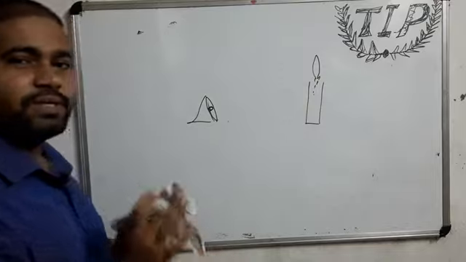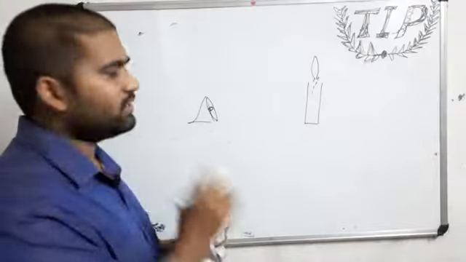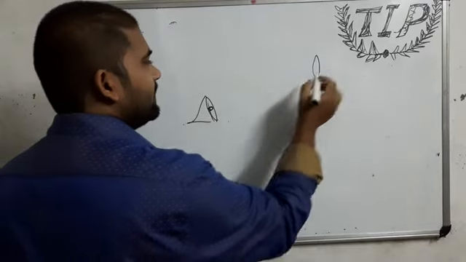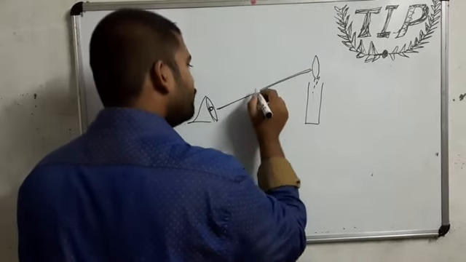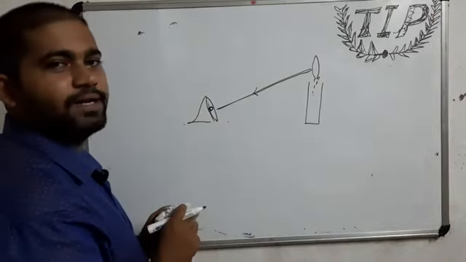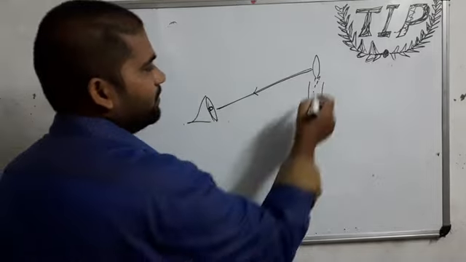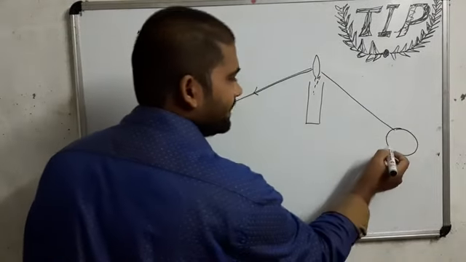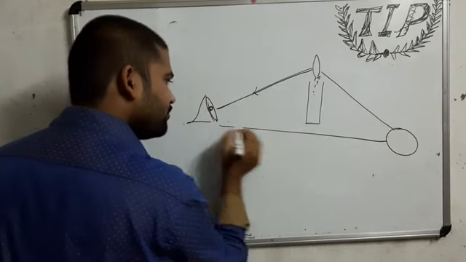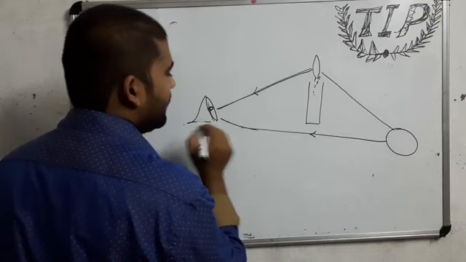So in order to see an object, we can have two types of things: the light can directly move to the human eye such that we can see the object, or, in another phenomenon, the light falls on an object, reflects from that object and falls on the human eye.